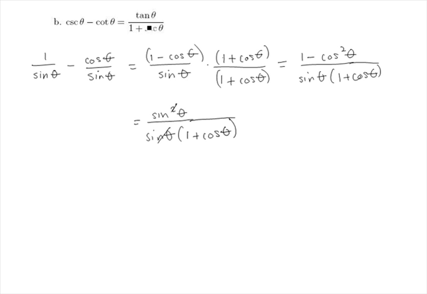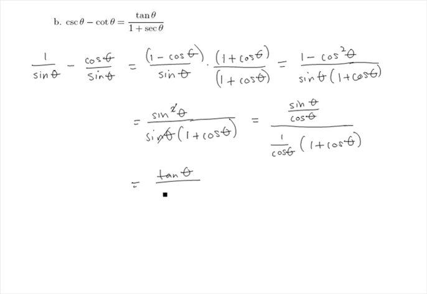So if we think about trying to convert the numerator in terms of a tangent, if we divide the numerator by cosine theta, and divide the denominator also by cosine theta, so that doesn't change the equation at all, the numerator reduces to tangent theta. Distributing the cosine inside, we get 1 over cosine, which is secant theta, and then 1 over cosine times cosine, so plus 1.